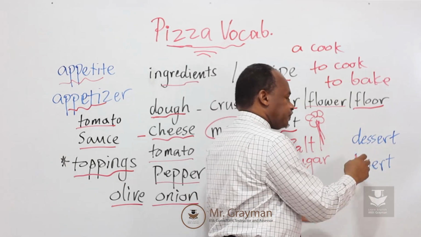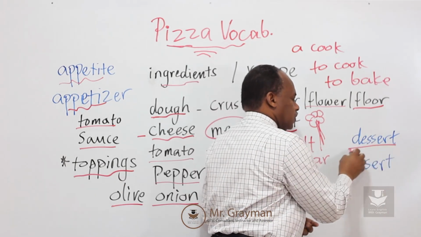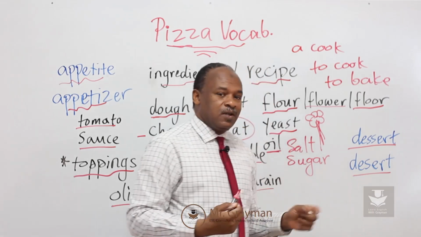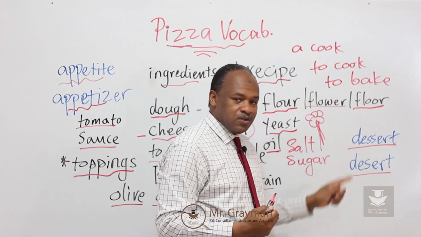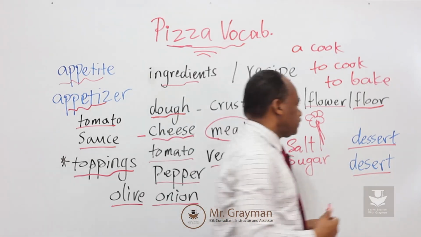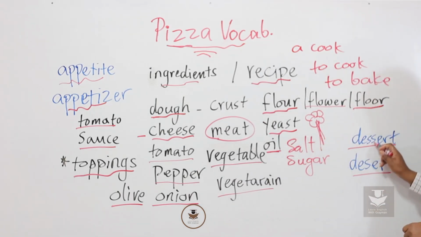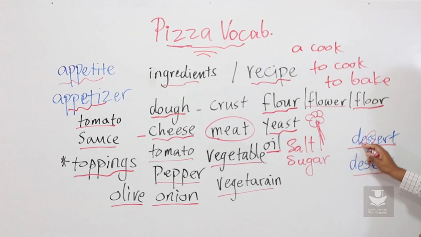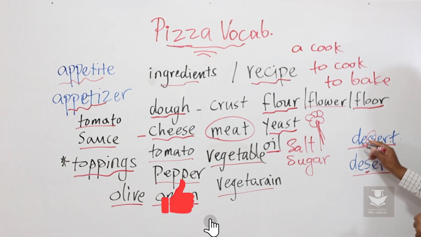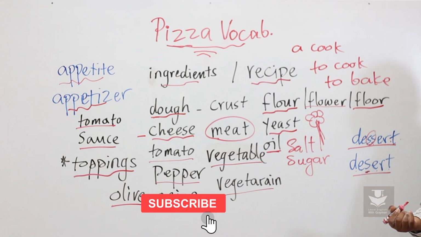After you eat your main meal, your pizza, are you going to eat this or this? What are these two words? This one, D-E-S-S-E-R-T, and this one, D-E-S-E-R-T. Do you have any clue about these two words? This one is dessert.